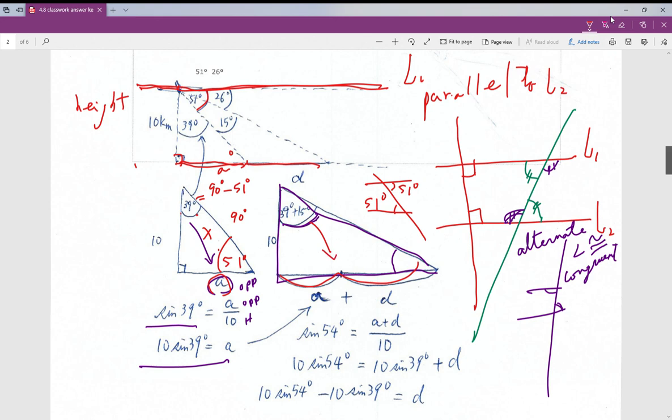A plus D, same thing, is opposite the angle. And this is, wow, did I make a mistake? This 10 is not the hypotenuse, so I made a mistake here. This 10 is adjacent, right? Adjacent. If this 10 is adjacent, I need to use tangent.